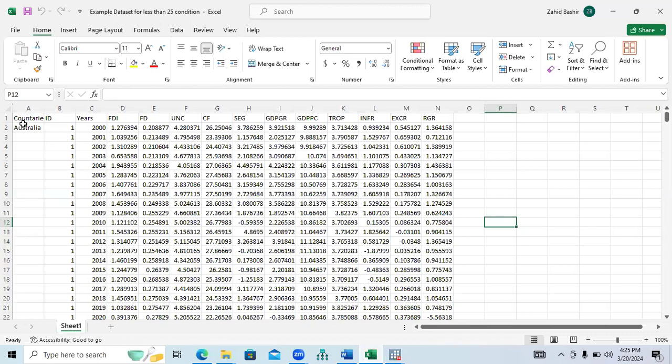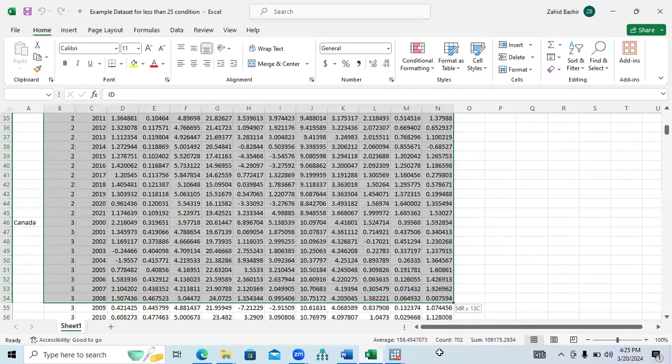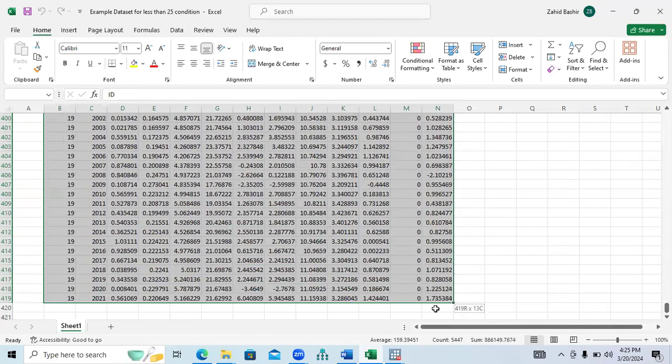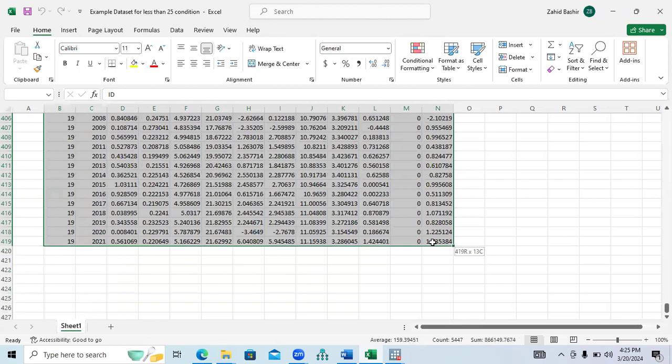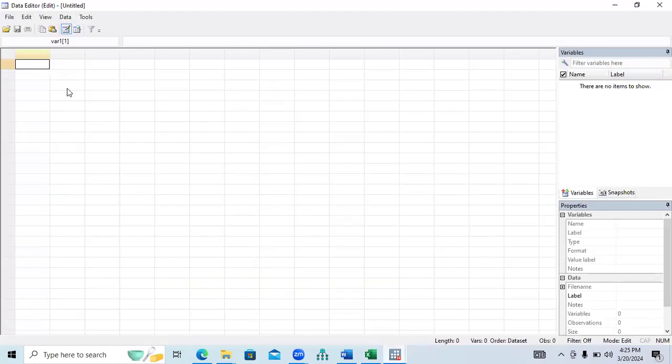Always remember that the name of the country is not required in Stata. You just need to copy the data from the IDs, along with the variable names. Just copy from the column where the ID is located to the variables, and paste it here.